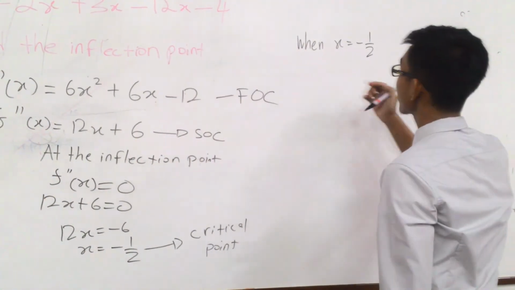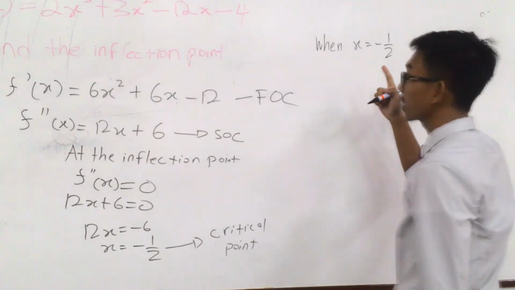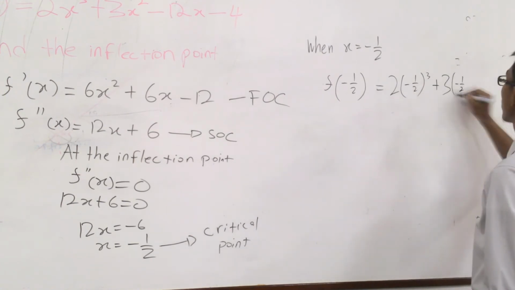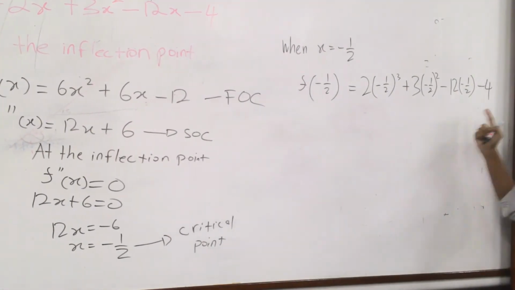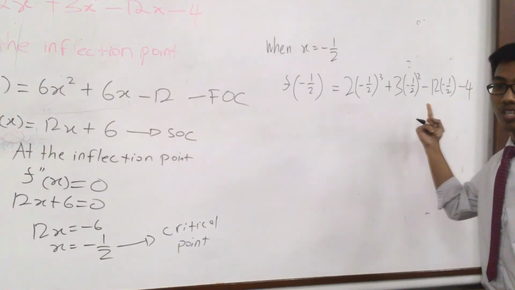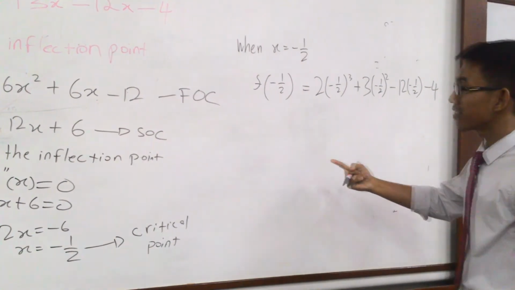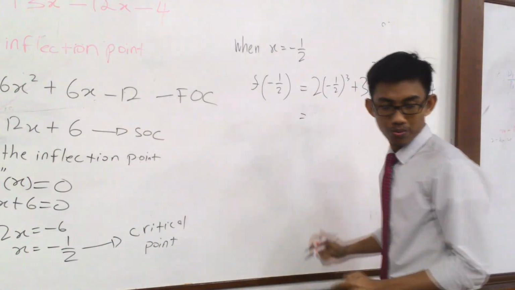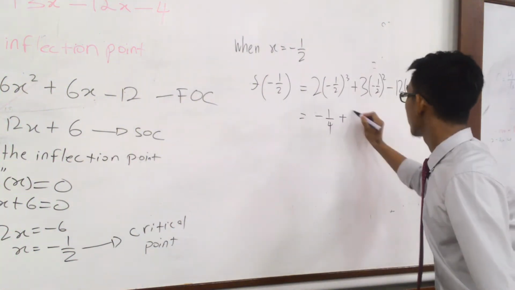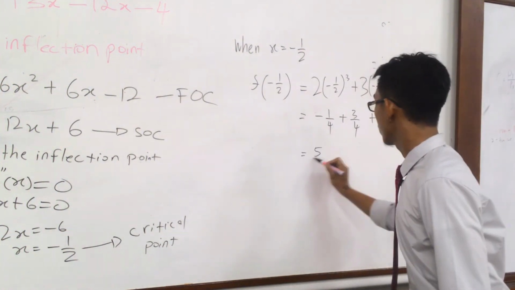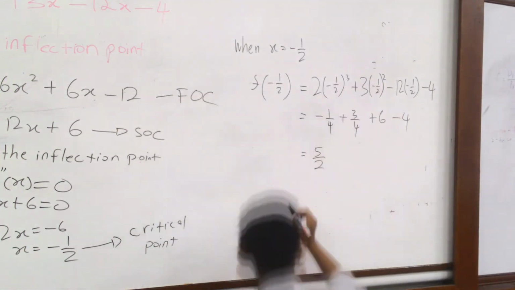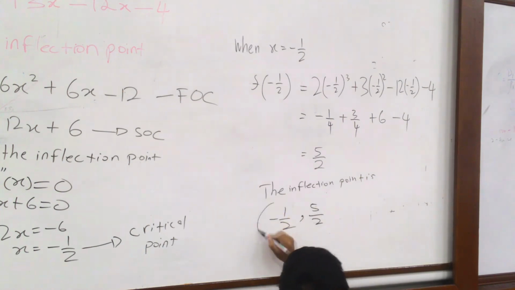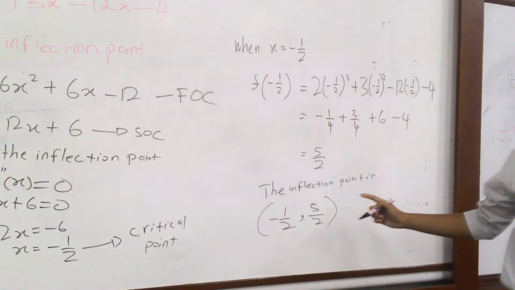So we copy back the f(x) but replace the x with the critical point. After that, we simplify it until we get the answer. So this is the inflection point.